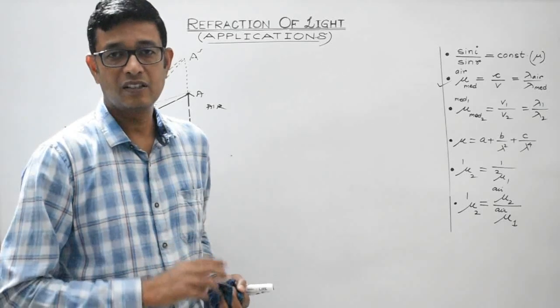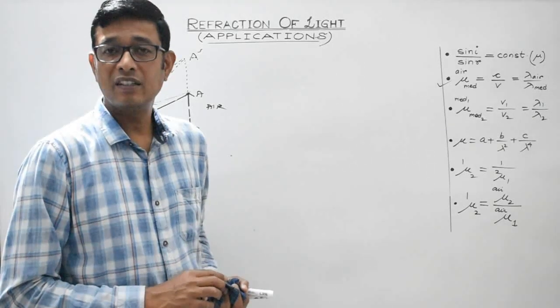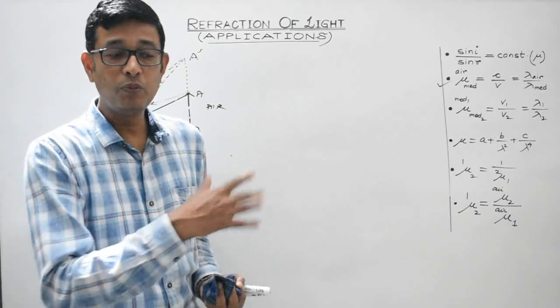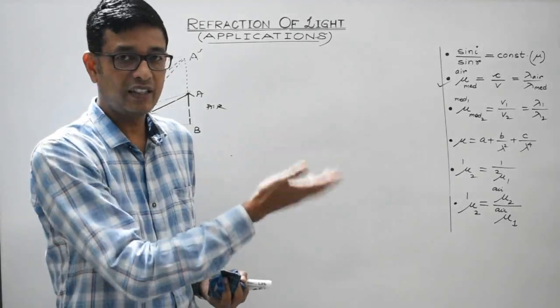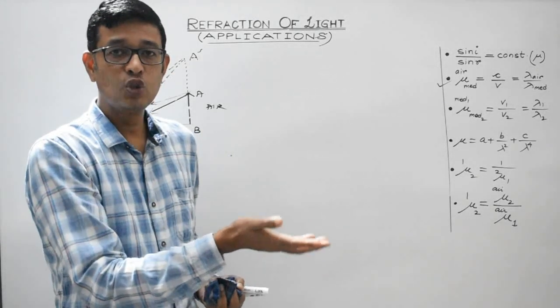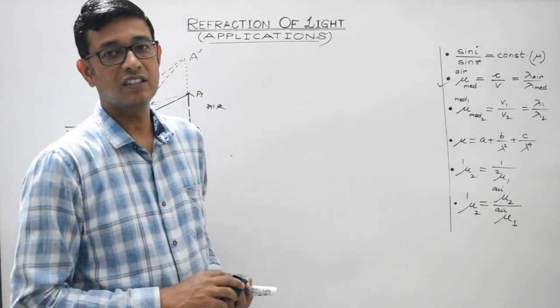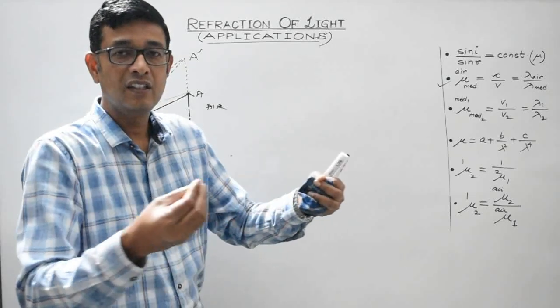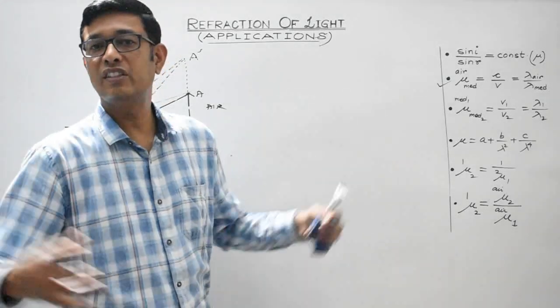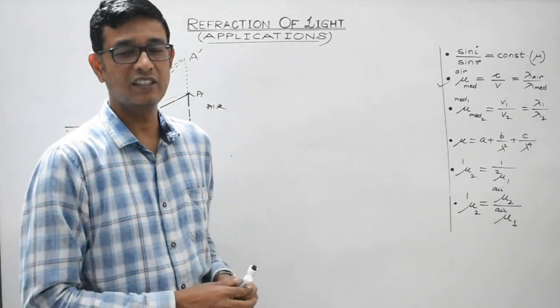Right? Again I repeat. We can see the sun 2 minutes before its actual sunrise and 2 minutes after the actual sunset, so that the length of the day elongates or increases by a total duration of 4 minutes.